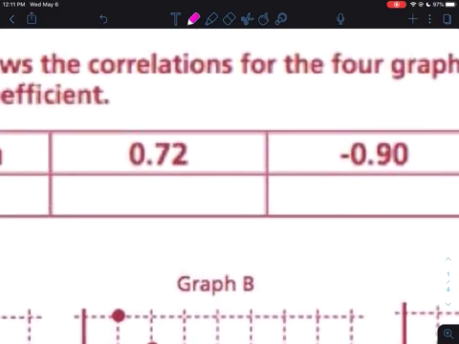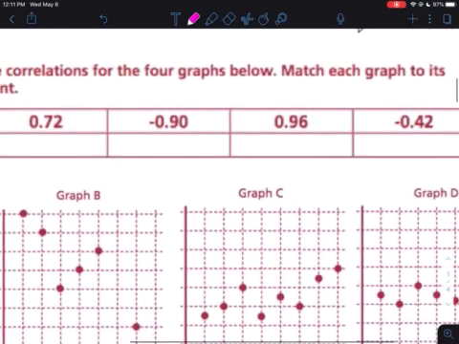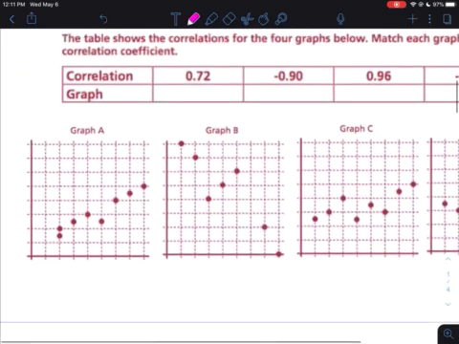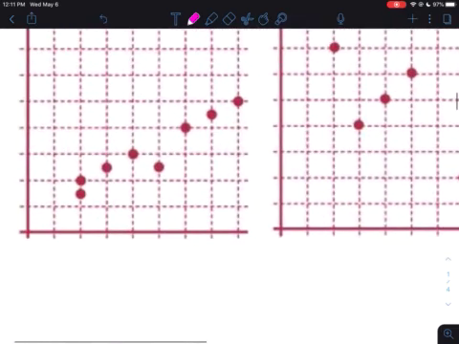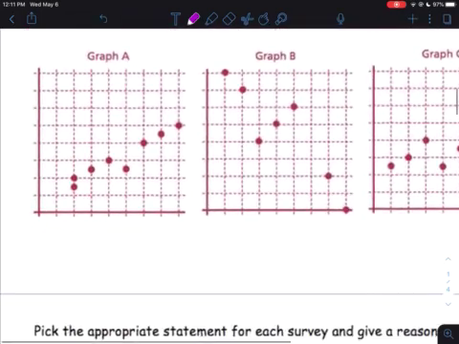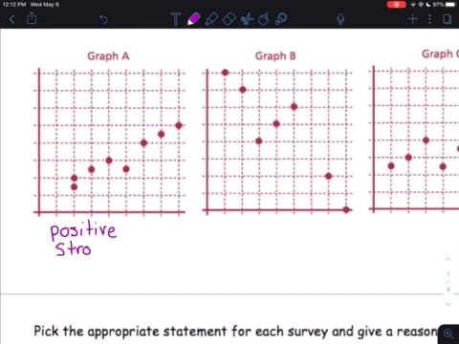Okay, so I want to first label what types of correlations we're looking at with the graphs. First of all, when we're on graph A, this is definitely positive, and it's more on the strong side.